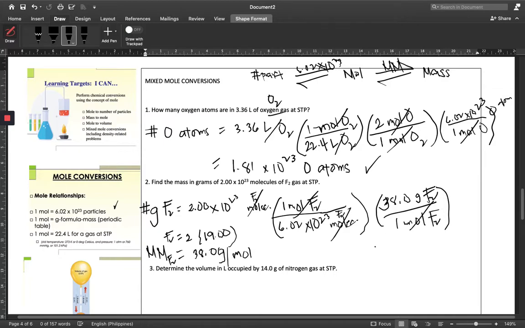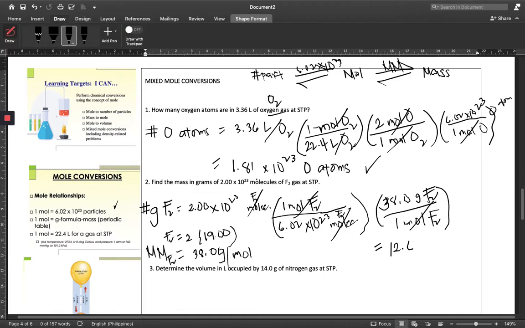Therefore we have the following answer. That is 2.00 times 10 to the 23 divided by 6.02 times 10 to the 23, times 38.0. So we get 12.6.